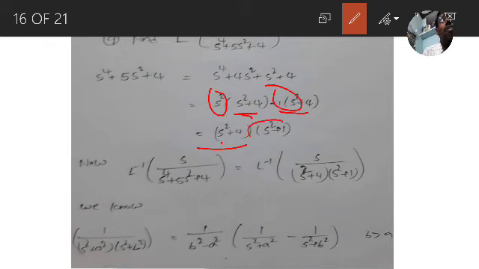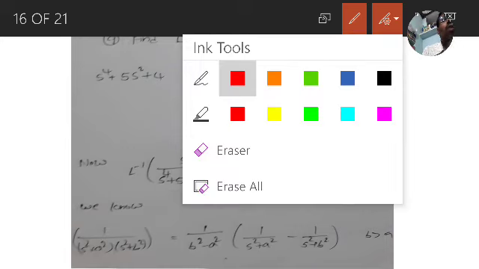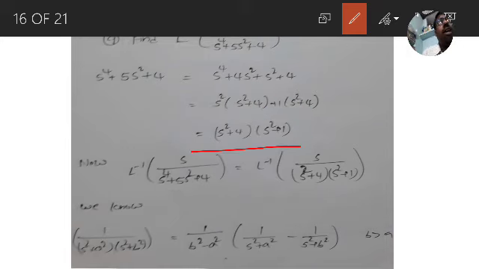That gives s square plus 1. So what you got? You are getting s square plus 4 into s square plus 1, just like the previous problems. So here power 4 given, after factorization you are getting quadratic factors s square plus 4 into s square plus 1. Now substitute these quadratic factors.